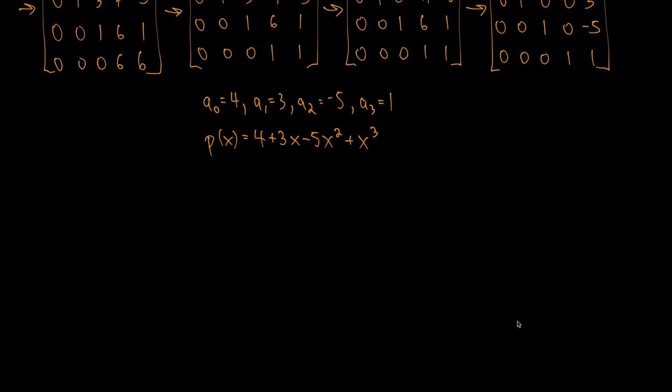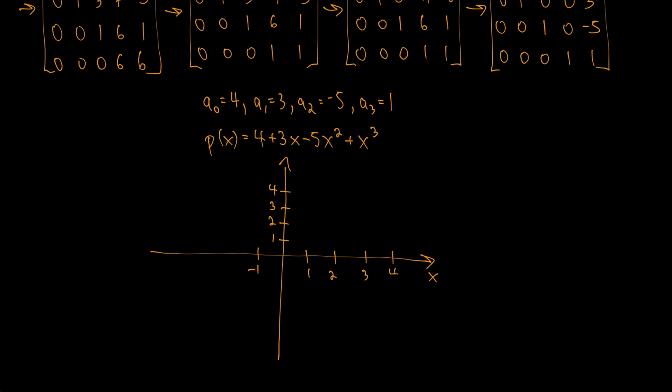So if I want, I could do a little graph, show you what this looks like. So here's my x-axis, here's my y-axis, here's 1, 2, 3, 4. And here's minus 1, 1, 2, 3, 4. Here are my points. Oh, I need some negatives.